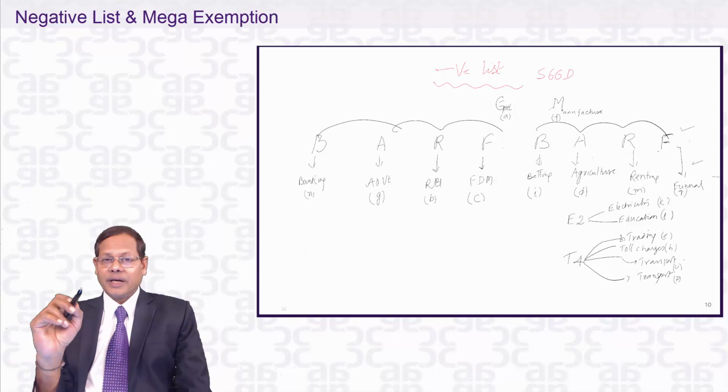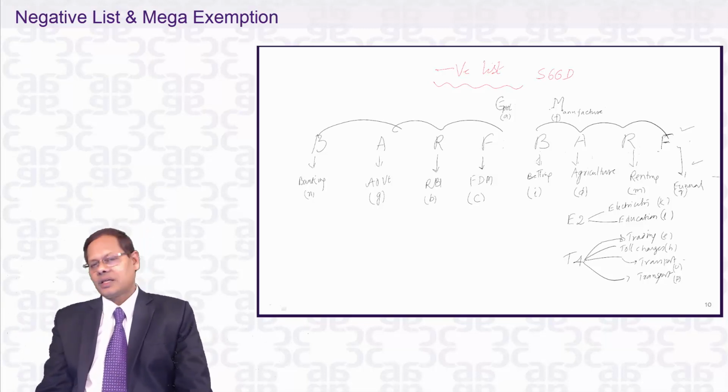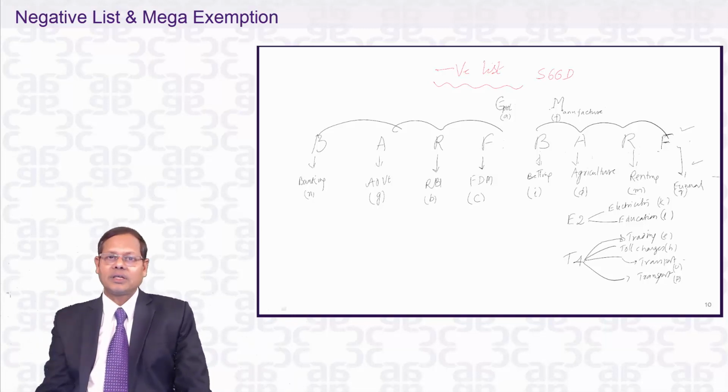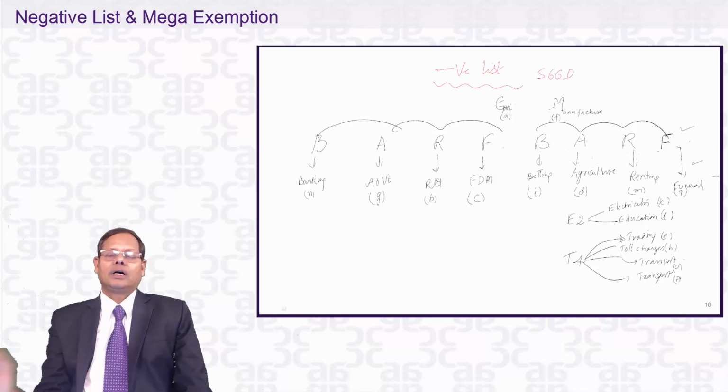You can only remember these services by name. Nothing else and nothing more. And we have to go into the details. For example, if I talk about agriculture, whether all agriculture services are under the negative list, whether taxable agriculture services have been given, or whether non-taxable agricultural activities have been given in the clause D of section 66D, you have to look into.